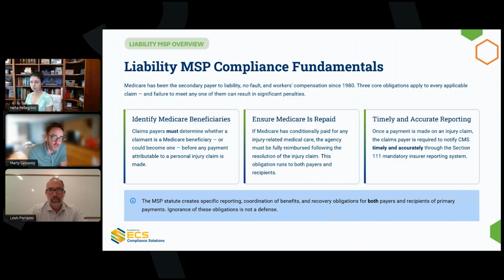So the three core obligations that apply, these apply in every single case, whether it's liability, comp, or no fault. And the failure to meet any single one of them can result in significant penalties. Now, those penalties are either going to be direct civil penalties where you're going to have to potentially repay Medicare, or they're going to be more like operational penalties, right?